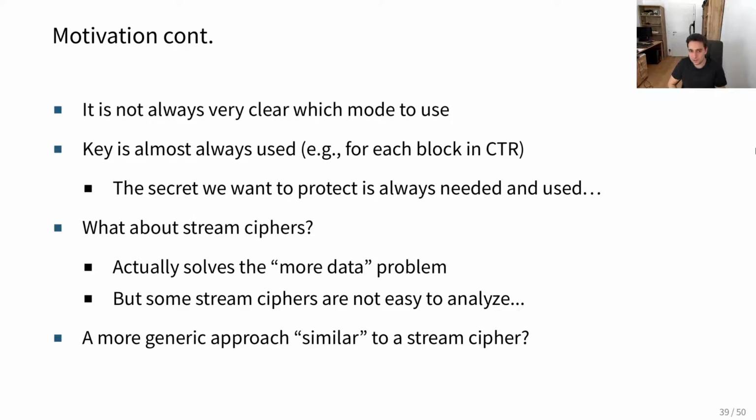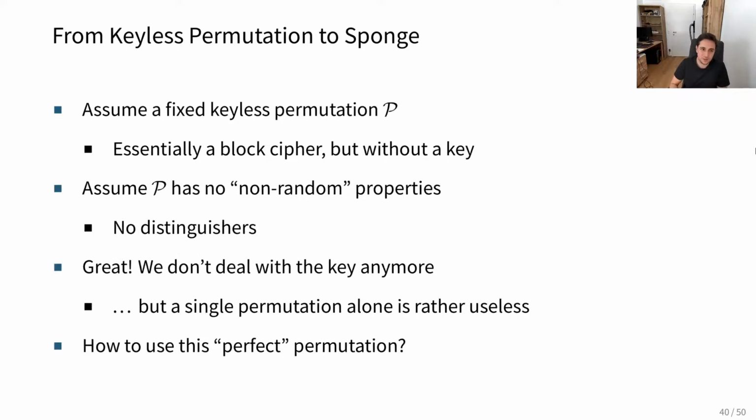Not exactly the same, but similar in the sense that we can use it to encrypt more data. Okay, so that's the general motivation here. And ideally, we would like to have something which essentially doesn't use the key always. So this would be very nice.